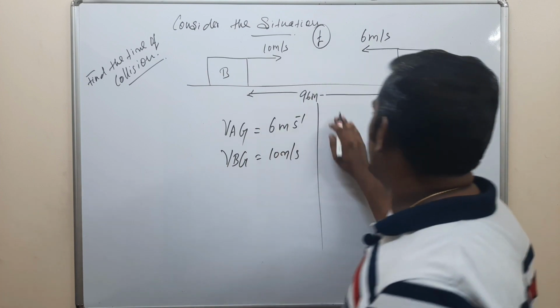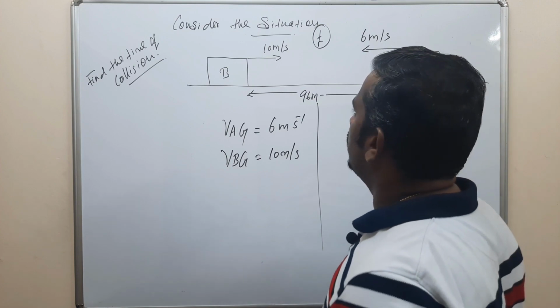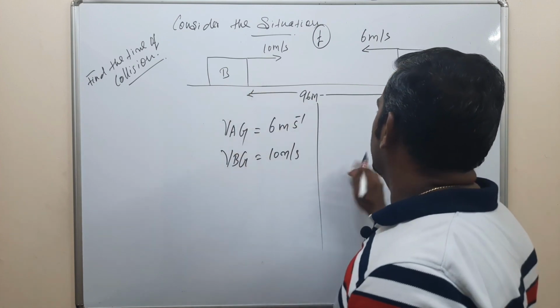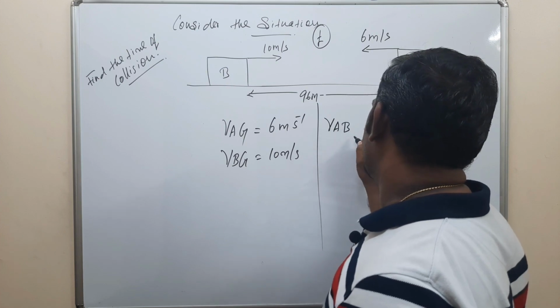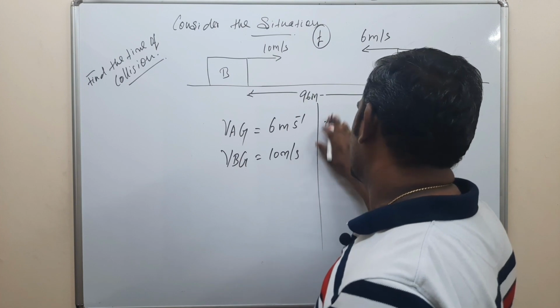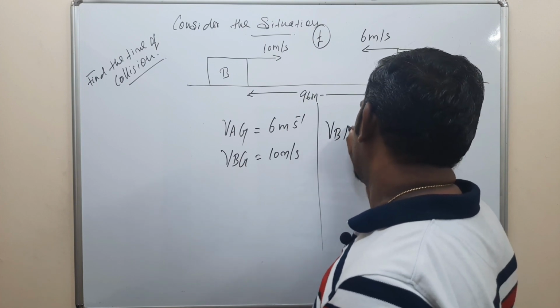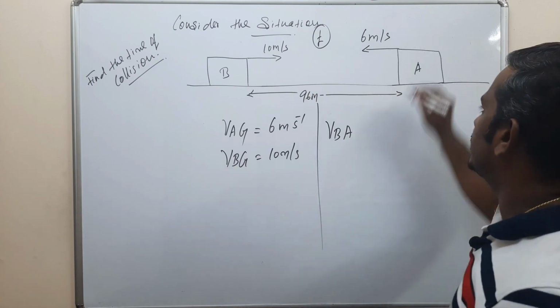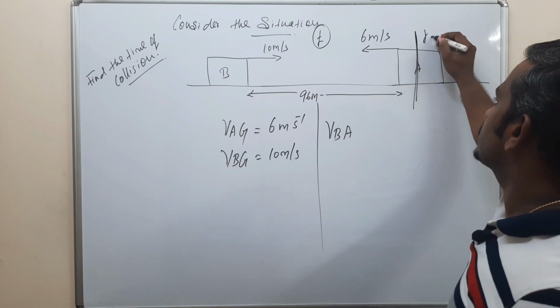Now I am finding the relative velocity of B as seen by A, where A is the observer. Am I right? A is the observer, so it is at rest.